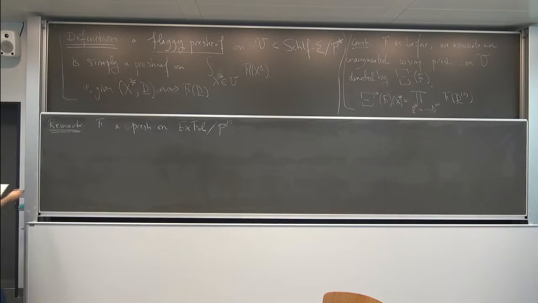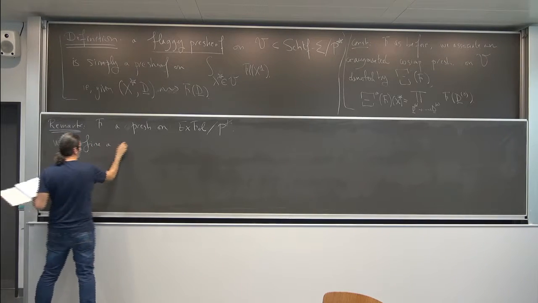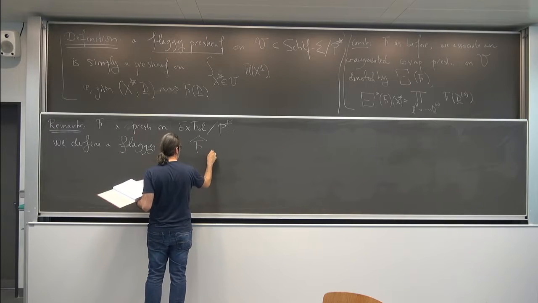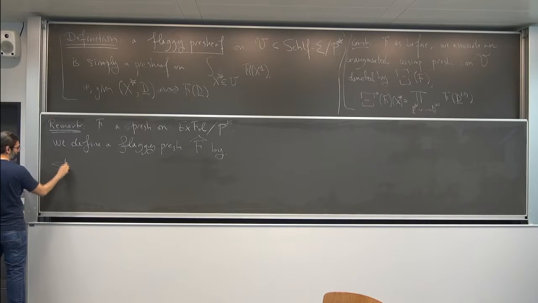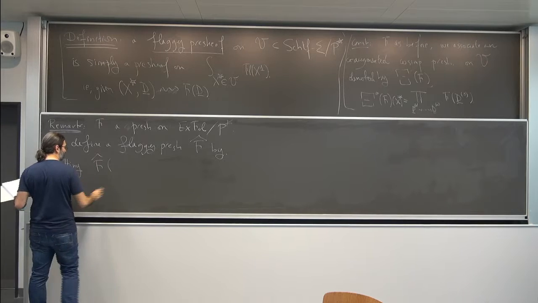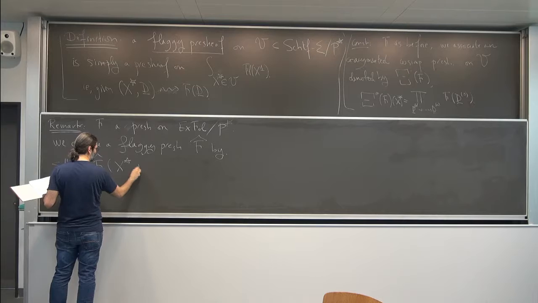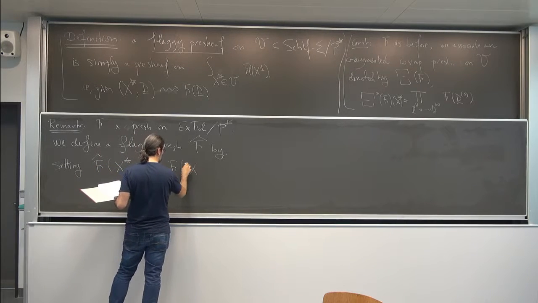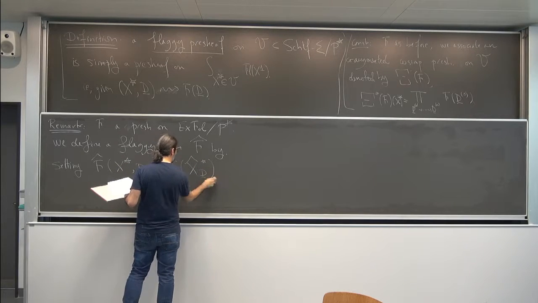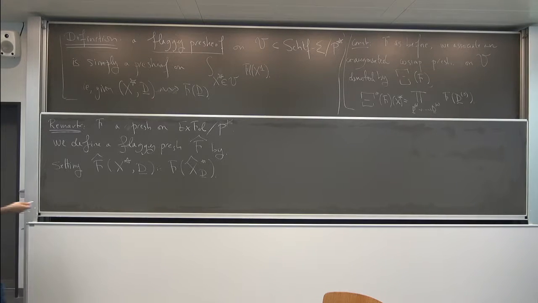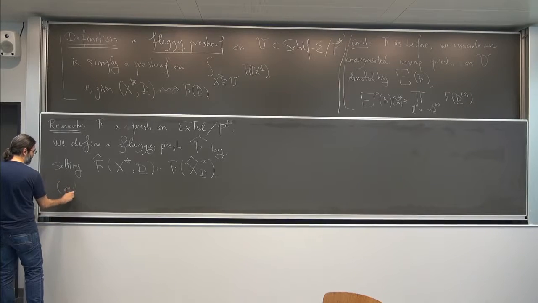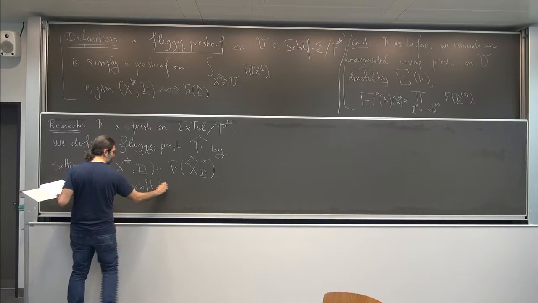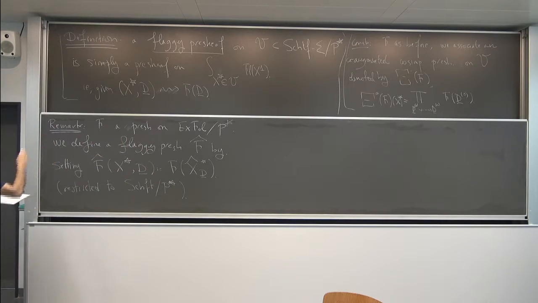To this we define the flaggy presheaf that I denote by F hat, by setting F hat of D, X star to be the value of F at the completion of X star at D. Of course this makes sense for any excellent foliation, but I want to restrict it to finite type schemes, just to be really in the previous definition.